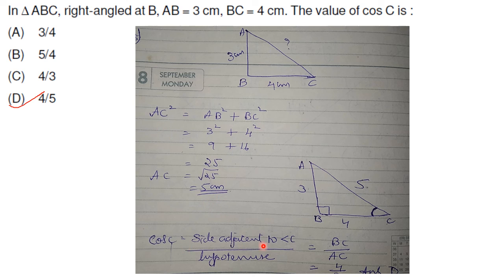Now cos C is side adjacent to angle C, that is this 4, divided by hypotenuse 5. 5 is not seen over here in this photograph, but the answer is 4 by 5. I have written 5 but it is not visible over here. So answer is option D, that is 4 by 5.